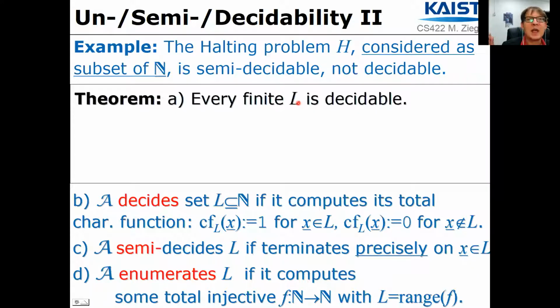I'll say more about that in a minute, but let's first state the theorem, which exhibits the logical relations, the mathematical connections between these three different notions.